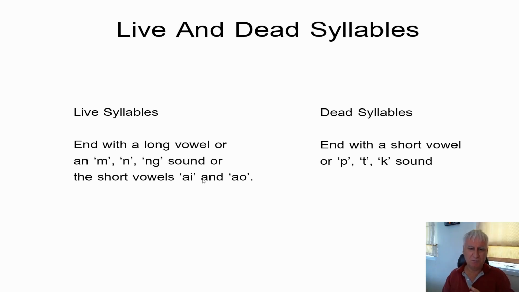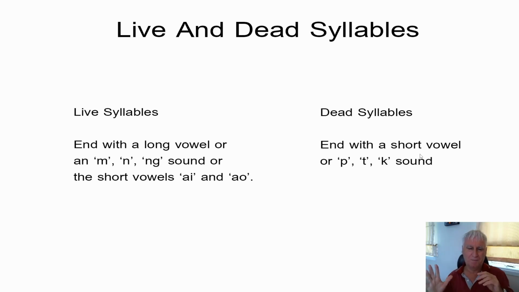It's the same with short and long vowels. For example, some words will end in Thai with a short u. Like du means fierce. If I try to say that and continue voicing it, du, I can't. It just closes.